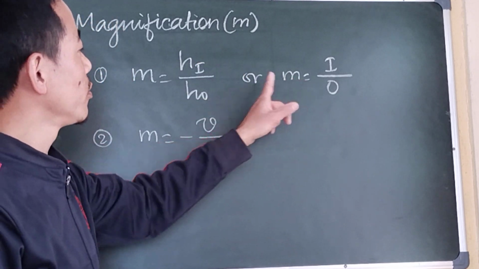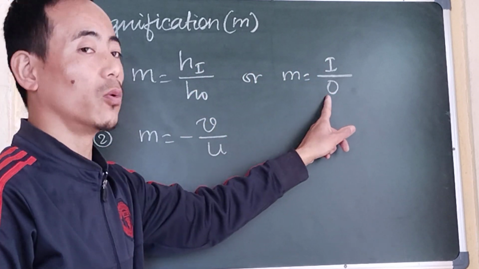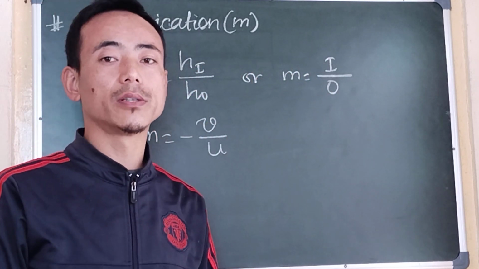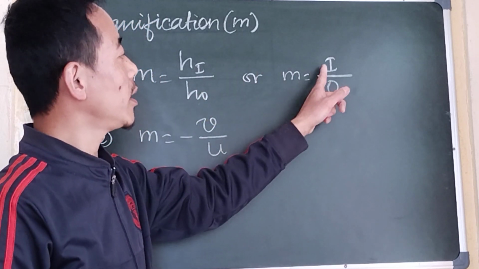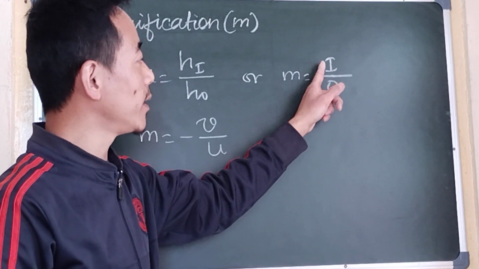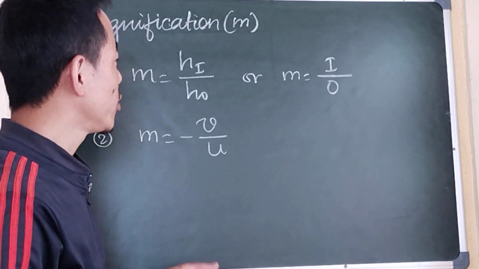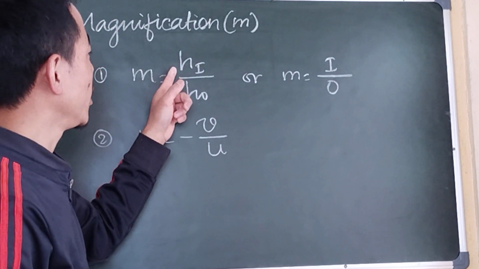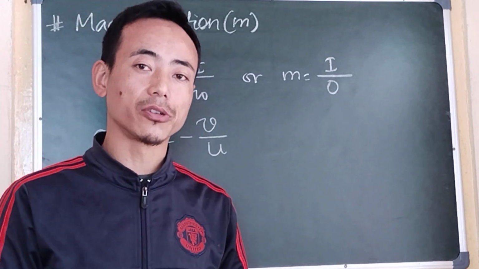Sometimes the symbol used for height of the image is simply I, and height of the object is represented by O. So don't get confused with the symbol. It can be anything, hi, ho, or it can be I and O, but the meaning is the same. Here I stands for height of the image or image height, O stands for object height. So the first definition will be the ratio of height of the image to the height of the object is defined as magnification.